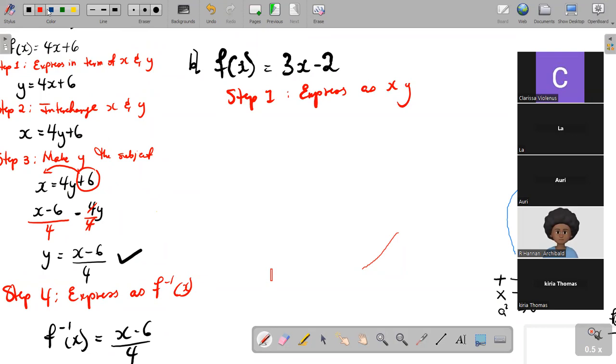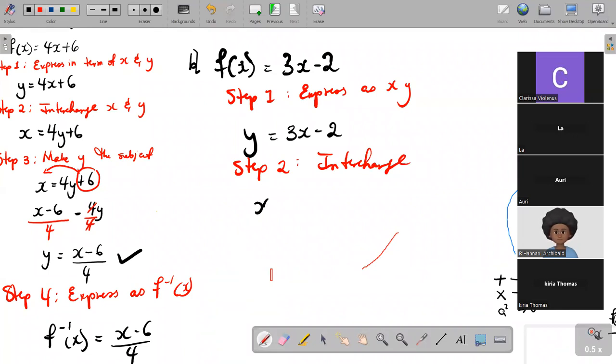So what do we say? Y is equal to 3x minus 2. Step 2, interchange. So what do we say? We switch x and y, so it'll be x is equal to 3y minus 2.